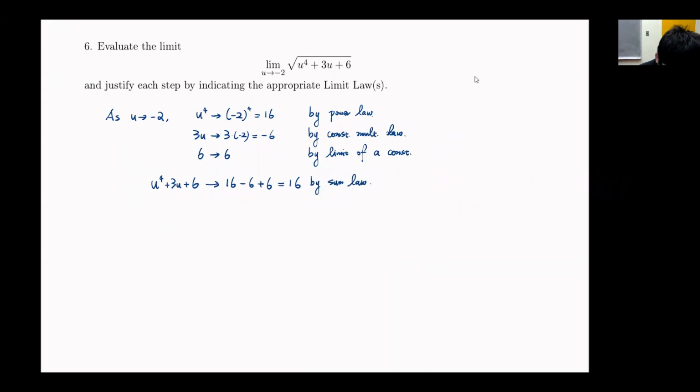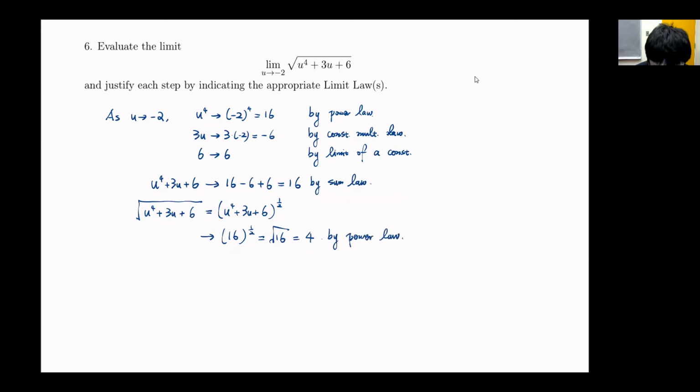Then we could use the power law. So the root of u to the 4th plus 3u plus 6 is equal to u to the 4th plus 3u plus 6 to the 1/2 power. And from the power law, again, we conclude that this is approaching 16 to the 1/2 power, which is root of 16, which is equal to 4. And this is by power law.